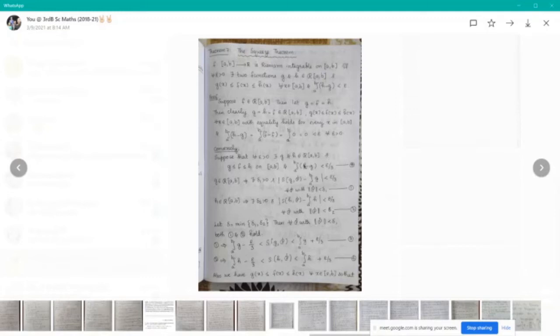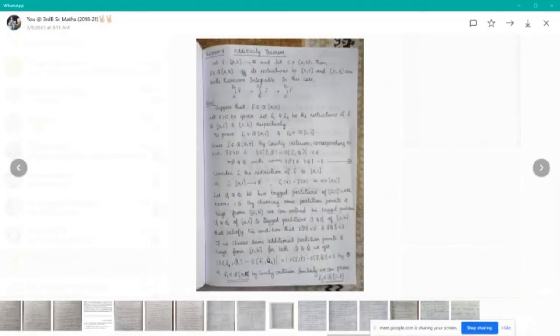So, corresponding to epsilon, if we could find two functions g and h, we can say that f is Riemann integrable on closed interval AB. And conversely, if f is Riemann integrable on closed interval AB, for every epsilon greater than 0 we can take these g and h as f itself, so that this condition will be satisfied.